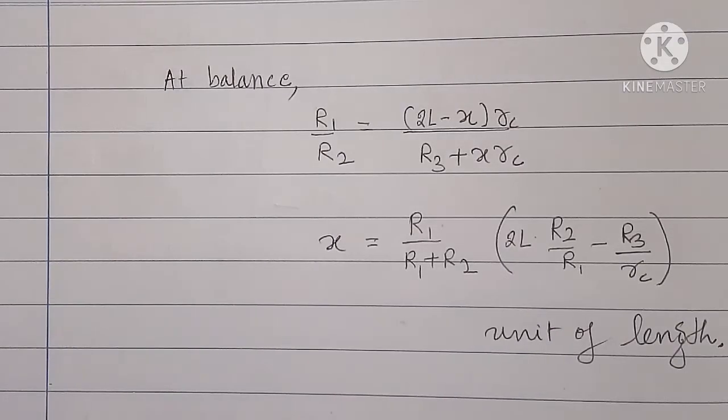Because x is the distance between one end of the conductor N and faulty point K of the faulty conductor.